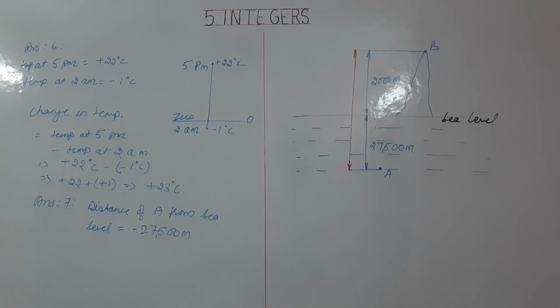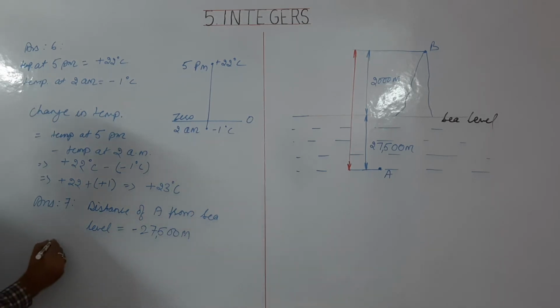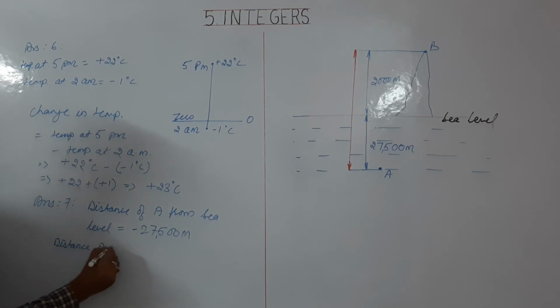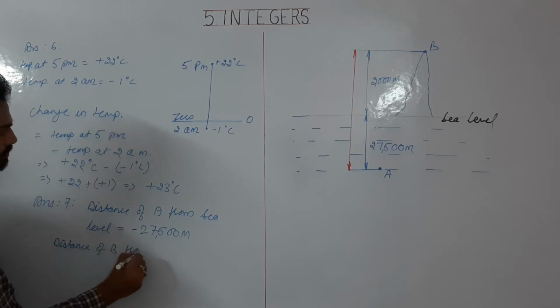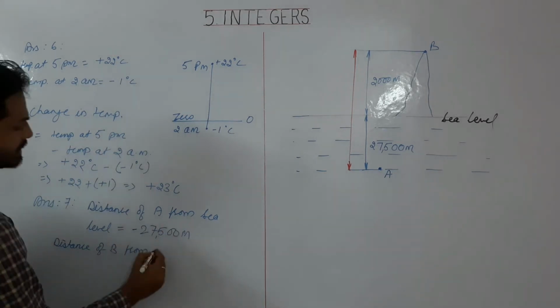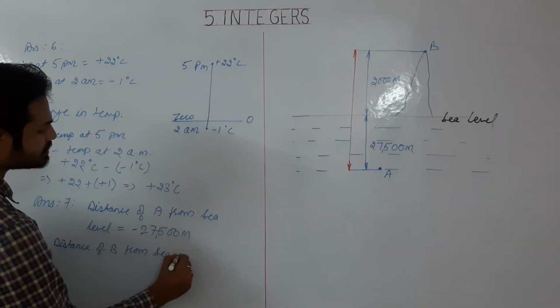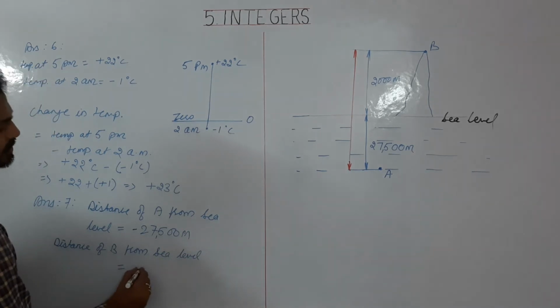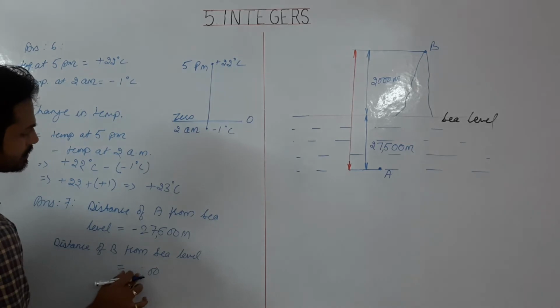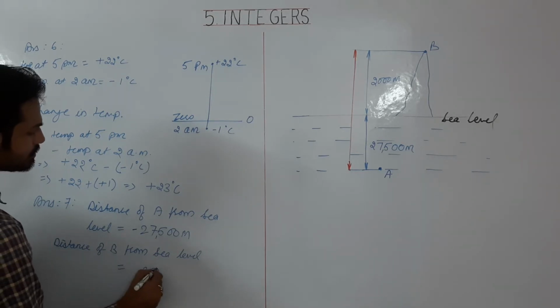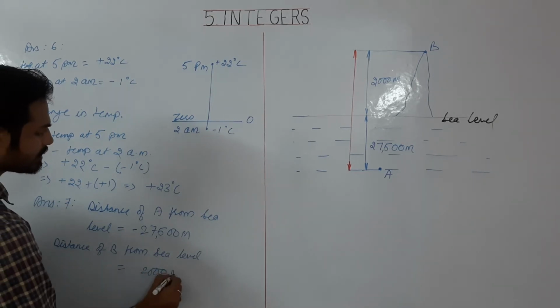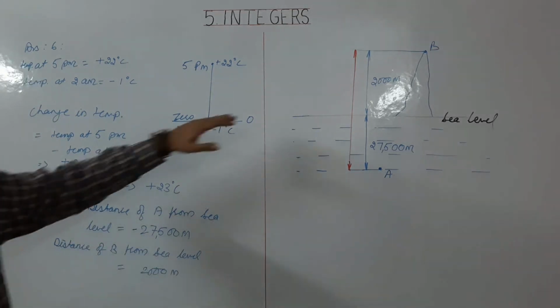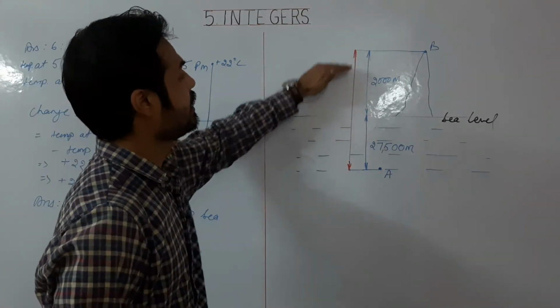Now second point B. B is above sea level. So the distance of B from sea level is 2000 meters, but this distance is in the upward direction.